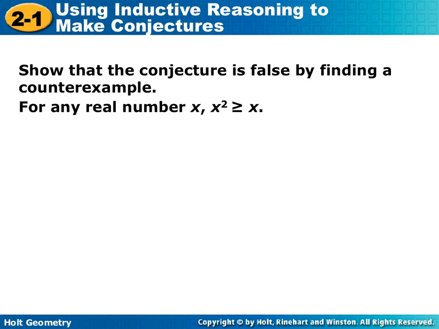So for any number that you can think of, test this out. Is your number squared always greater than or equal to the number you started with? If you say yeah, then that's agreeing with it. You haven't found a counterexample yet. So think of another number. Take your number and square it, and compare it. If this is true for your number, you're not finding a counterexample yet. Can you come up with a number that, when you put it in there, doesn't end up greater than or equal to?